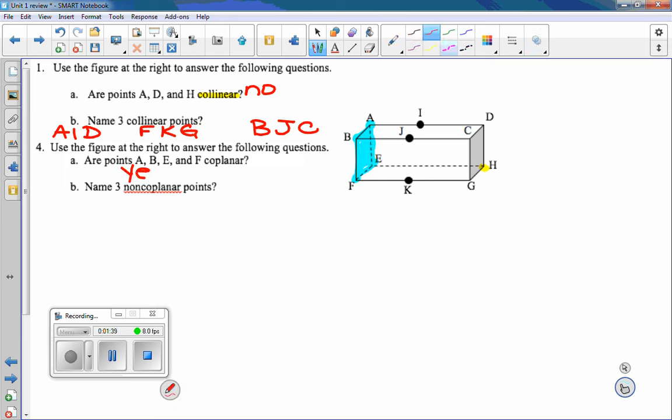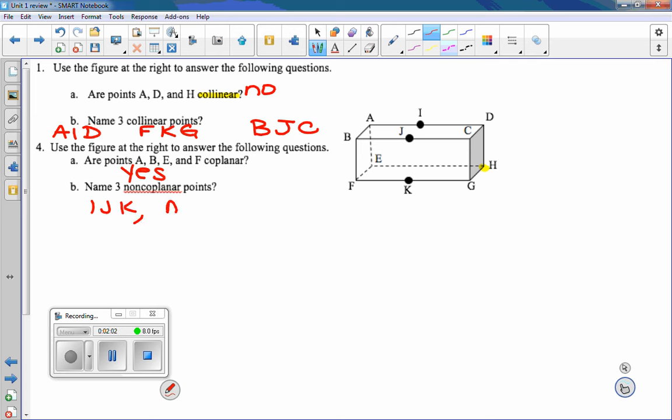Now, give me 3 that are non-coplanar, not on the same plane. I, J, and give me another point. I, J, K. Would they be on the same plane? No. What about another one?